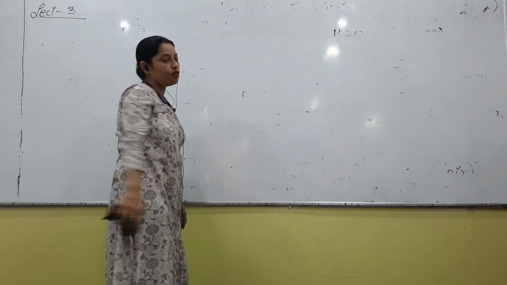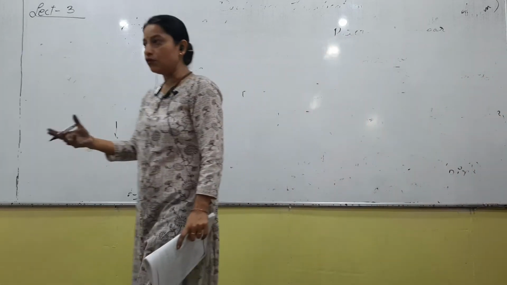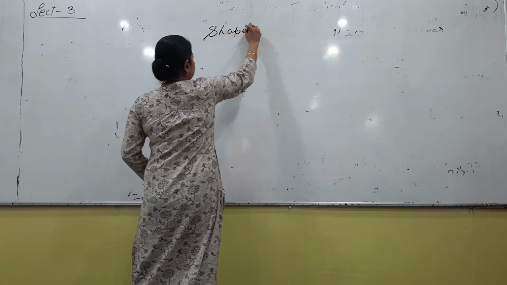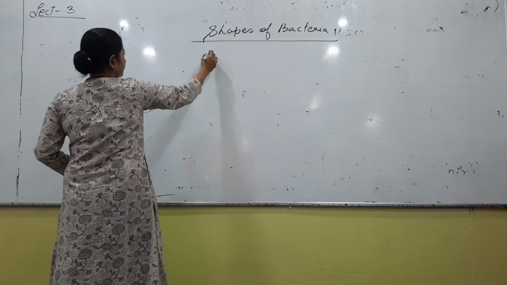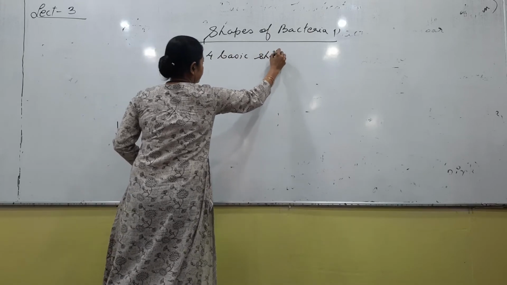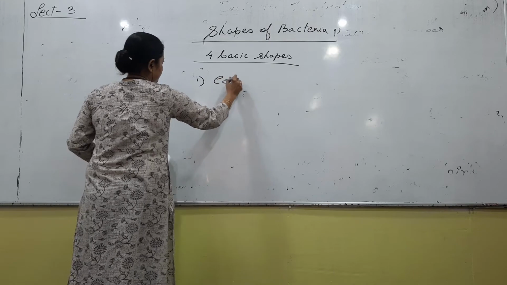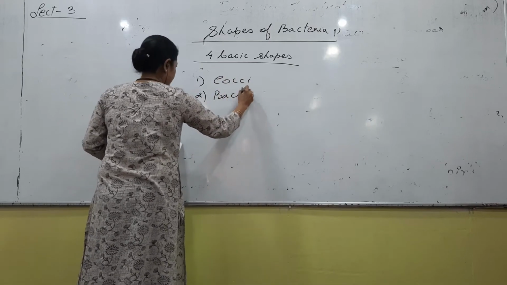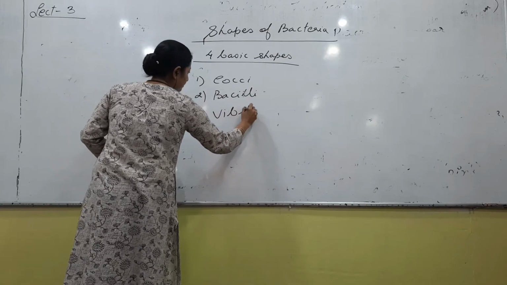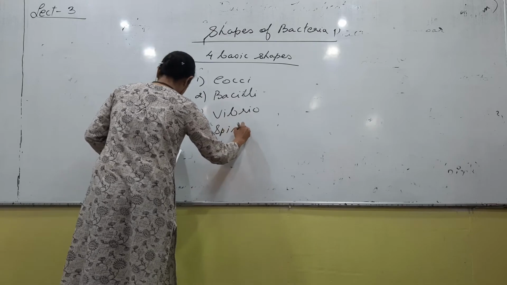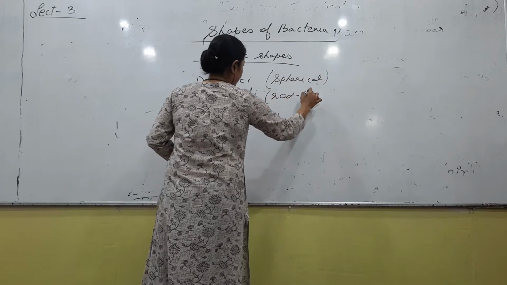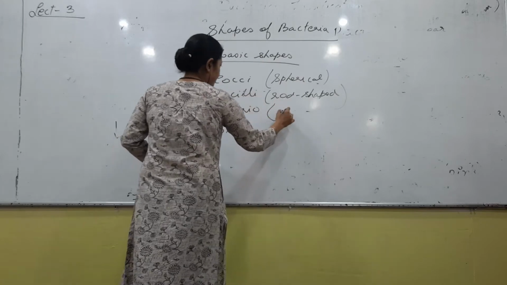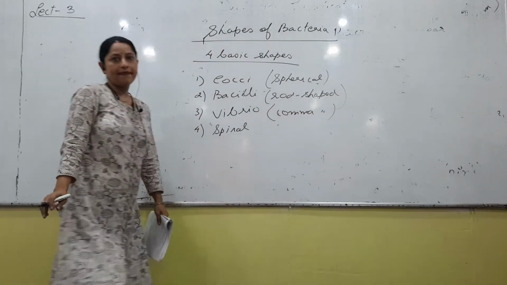Next part is we have to talk about forms of bacteria. Talking about shapes or forms of bacteria, we always talk about the four types.